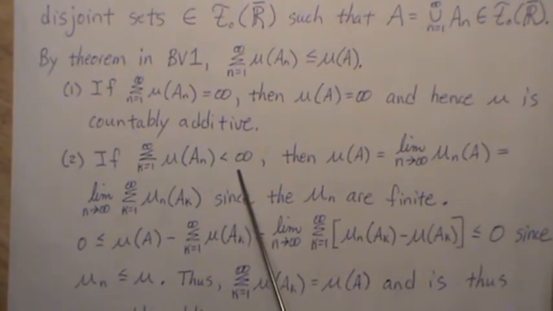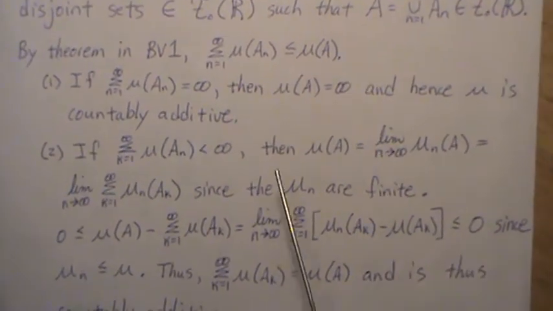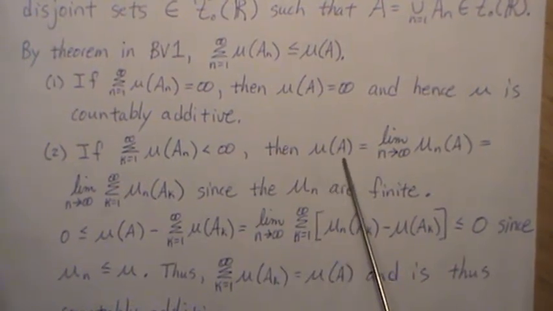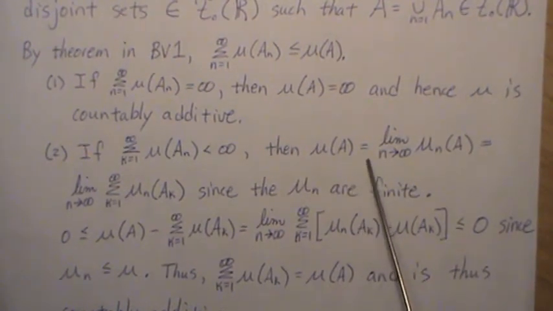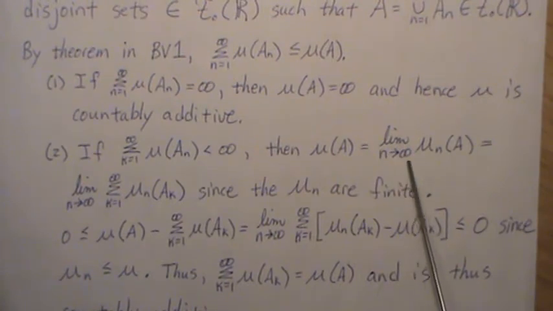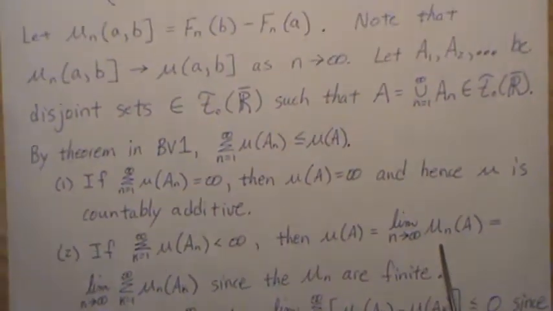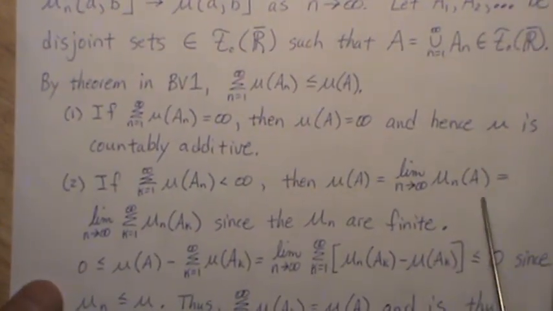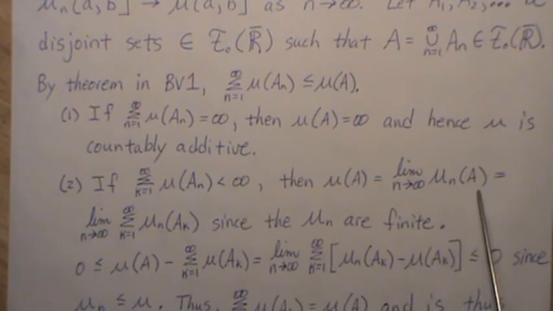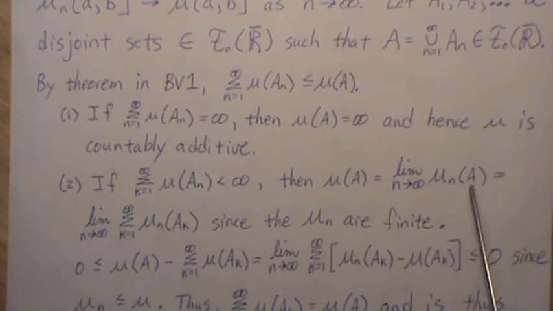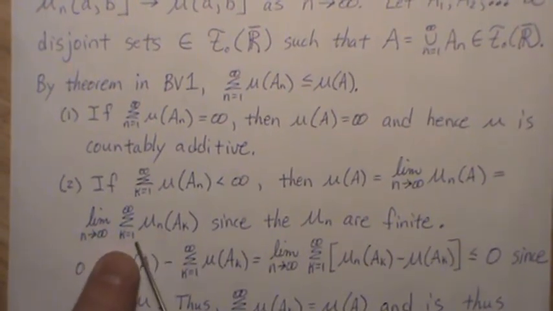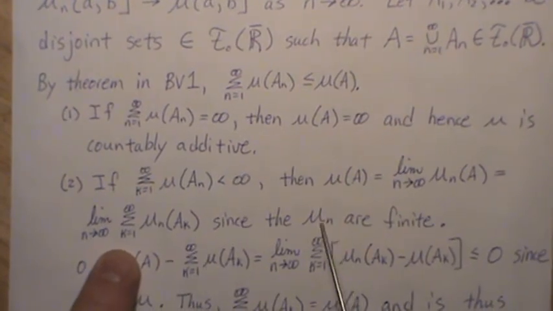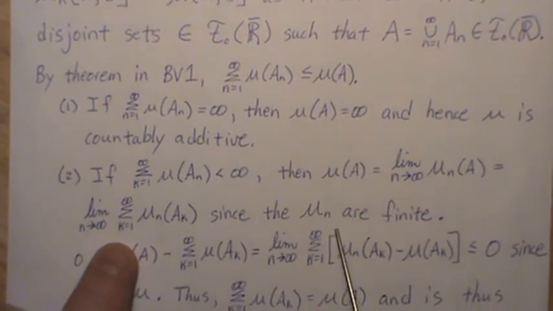So if this sum is finite, then mu of A, we noted, is equal to the limit as n goes to infinity of mu_n of A, the way that we defined mu_n up here. But the mu_n of A can be thought of as this infinite sum of mu_n of A_k, and that's because mu_n is finite.